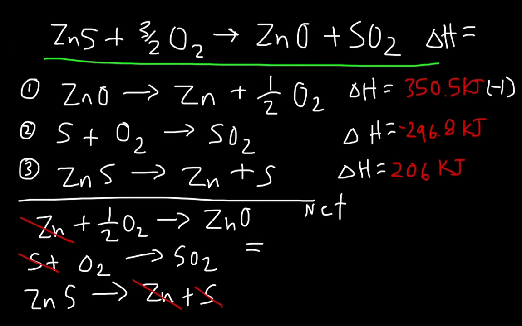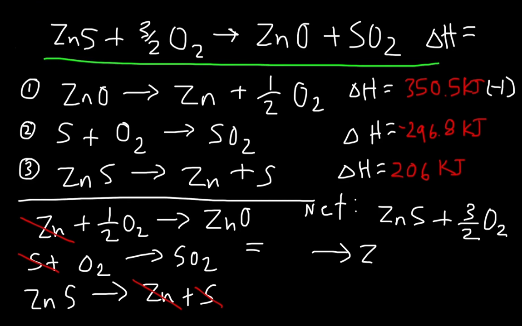So the net equation is going to be ZnS plus, so a half plus just 1, that's 3/2, so that's this much oxygen, and then I don't have enough space.